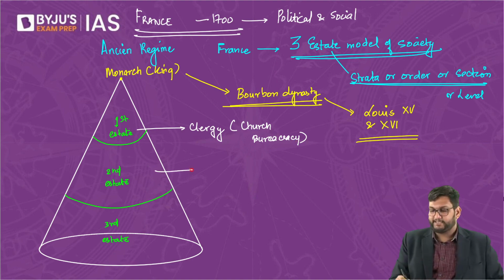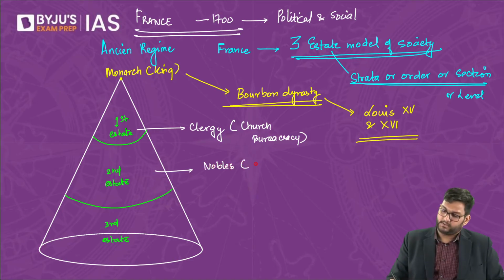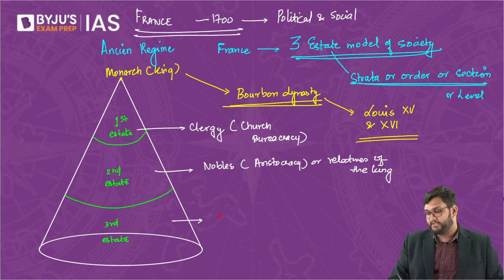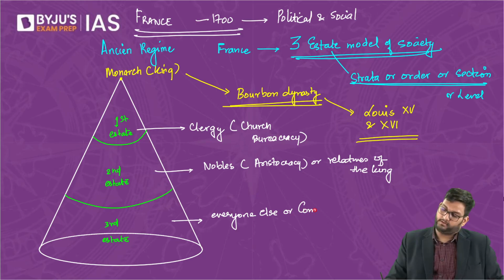The second estate are the nobles, which is the aristocracy or relatives of the king. And the third estate is everyone else, or common people.